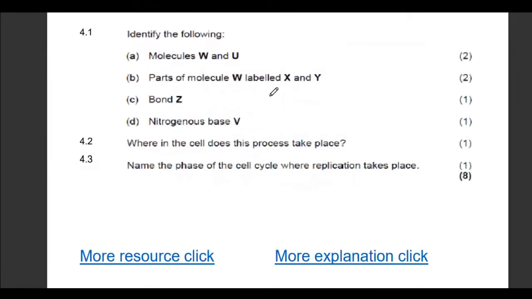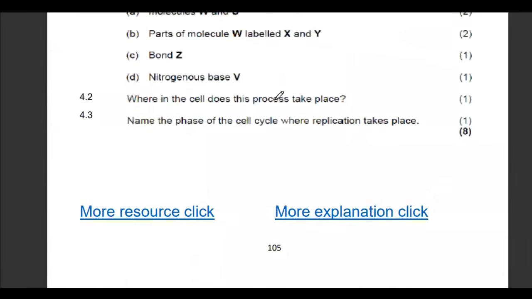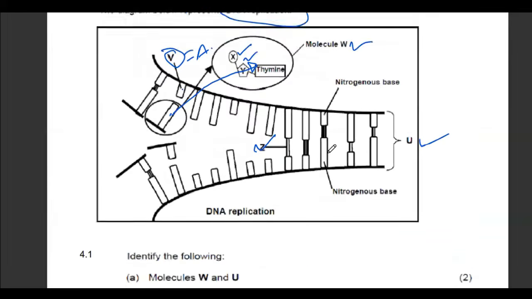Where in the cell does this process take place? We have answered this question, that this process occurs in the nucleus. And then they're saying, name the phase of the cell cycle where replication takes place. We have already answered it, interphase. So when they bring such questions, you must be able to answer accordingly.